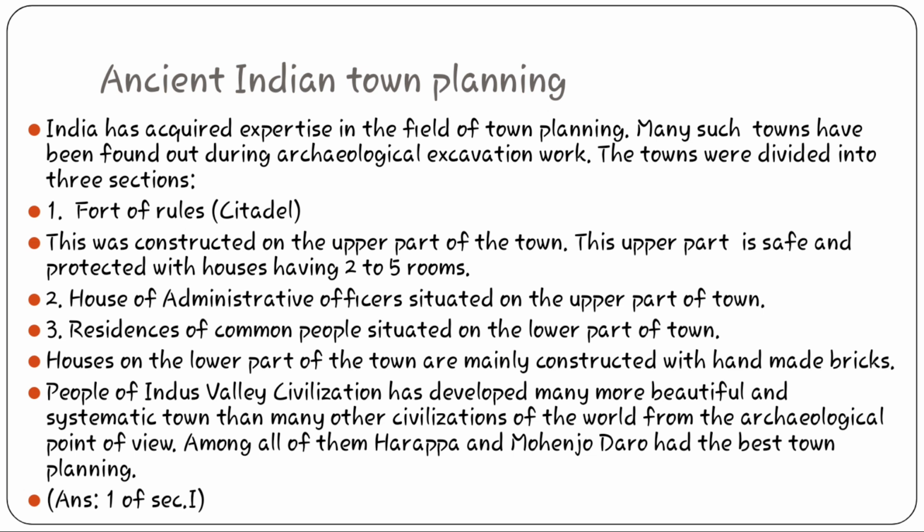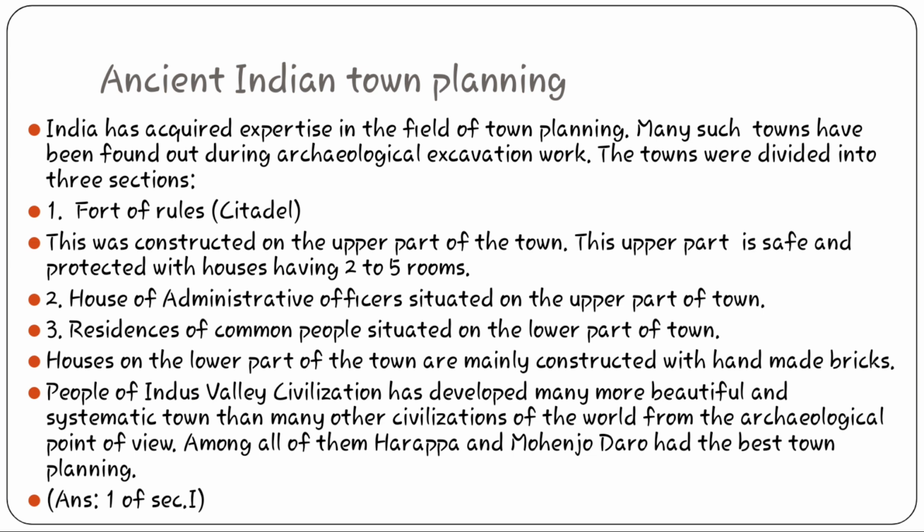At that time, the houses, the towns, the cities were divided into three sections. First one is the fort of the rulers. It is known as citadel. This was constructed on the upper part of the town.